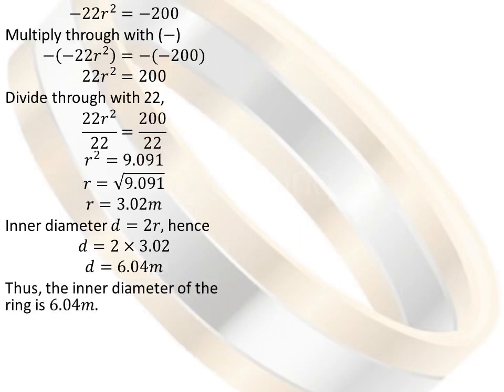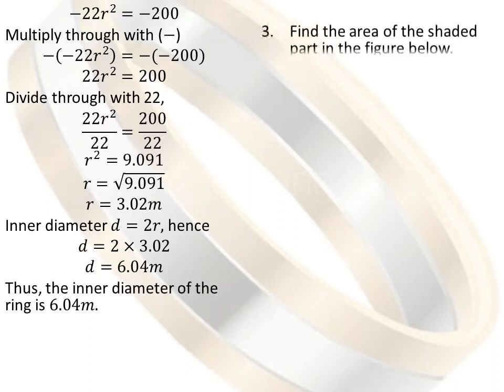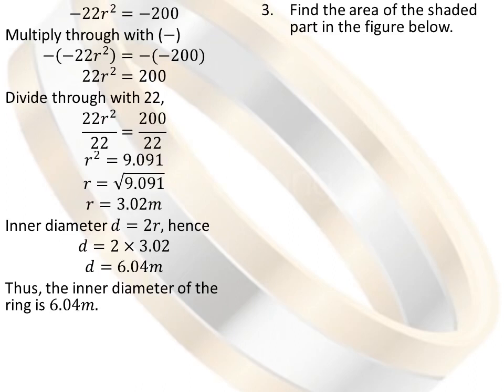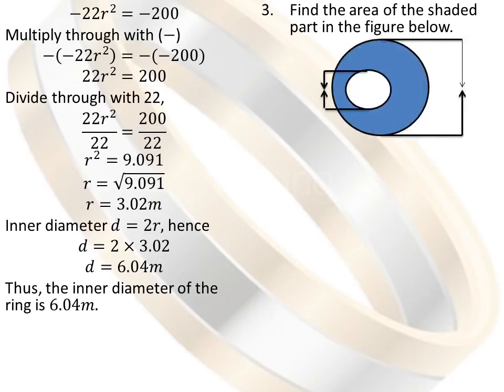Here's another question. Find the area of the shaded part in the figure below. Here is the image. Here, our inner diameter is 10 and our outer diameter is 14 meters. So, here's the solution.